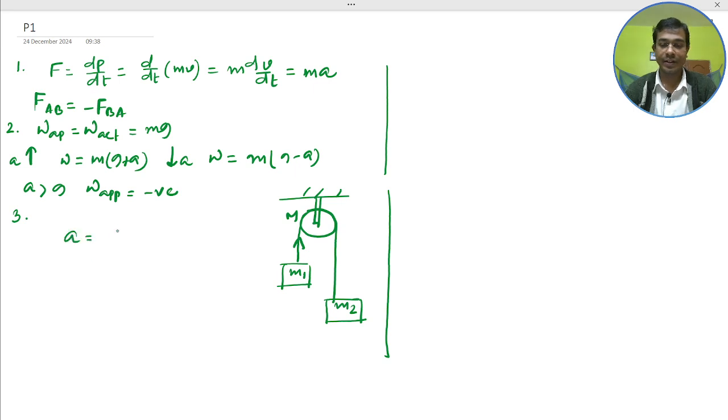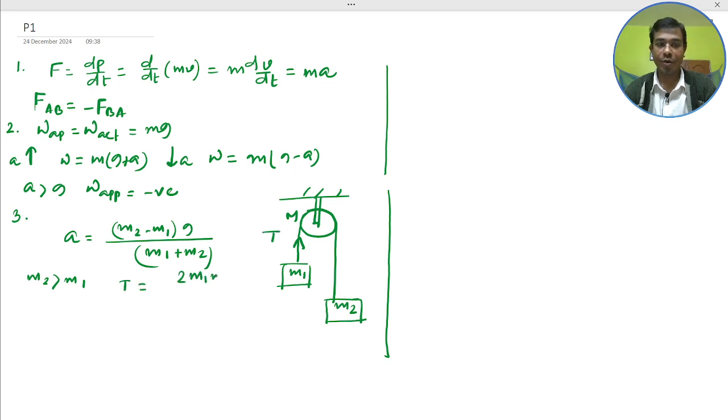The acceleration is (m2 - m1) g divided by the total mass m1 + m2, where m2 is greater than m1, and the tension T would be 2 m1 m2 g divided by m1 + m2. The reaction at the base is equal to 2T + mg, where m is the mass of the pulley.